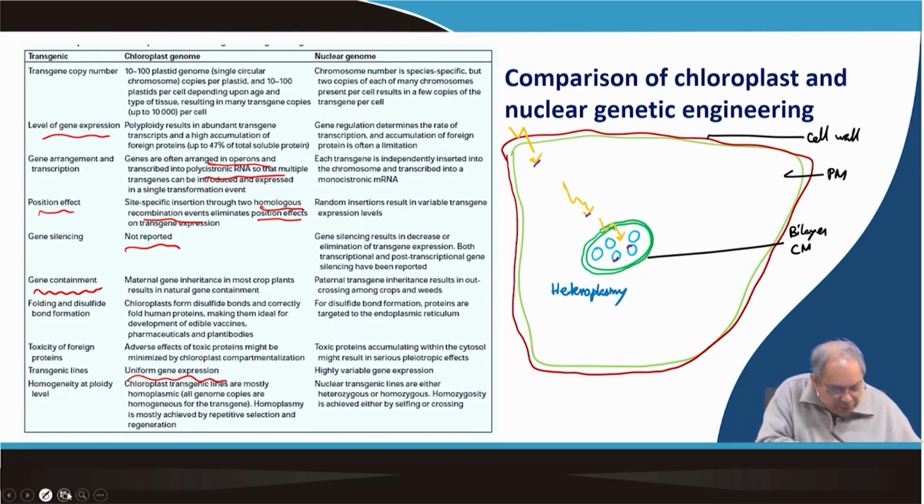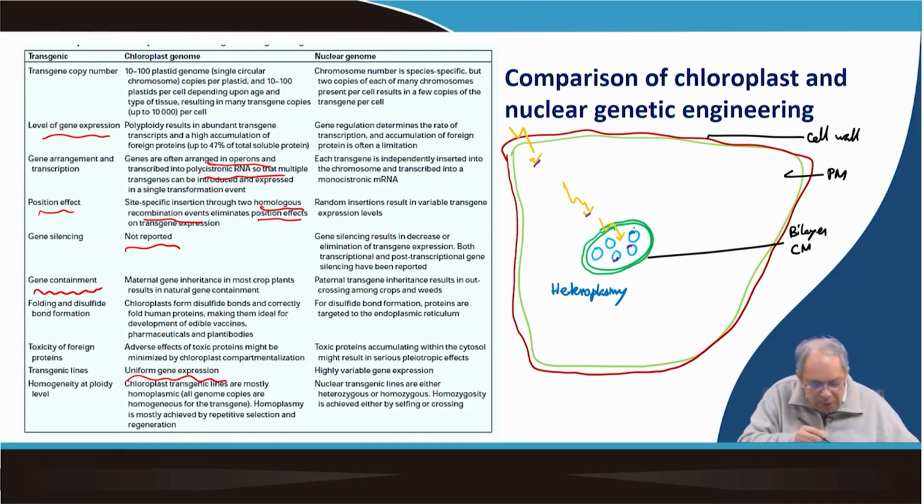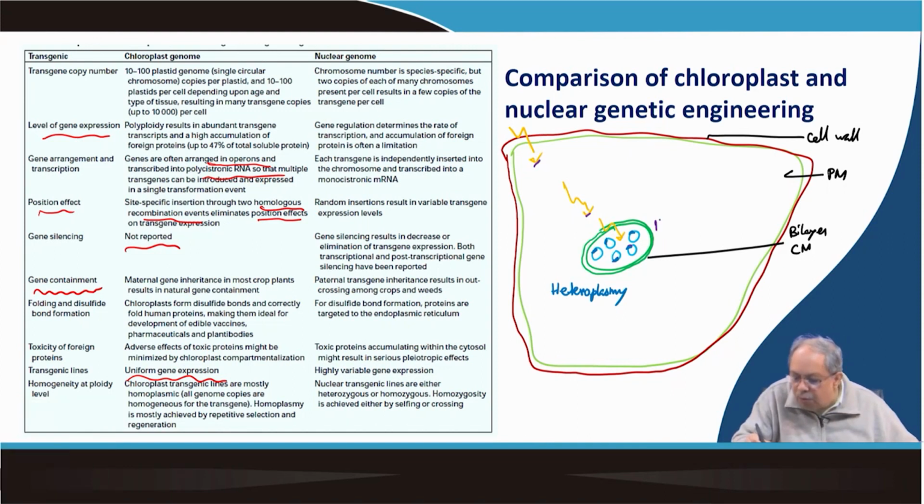Homoplasmy will be achieved when all the circular DNA of the plastid contains your gene of interest. So then this will be homoplasmy. Achieving homoplasmy is a challenge, and if homoplasmy is achieved, then the level of expression will be very high.